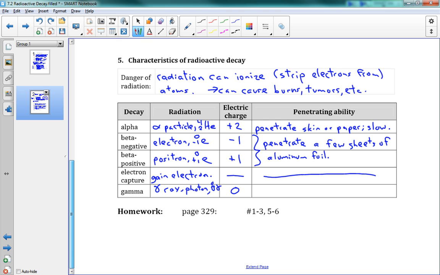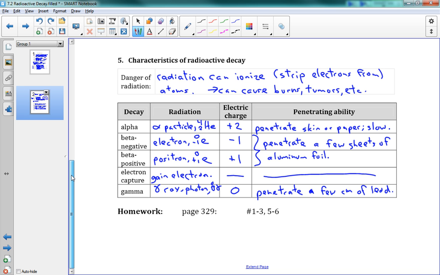The last one here, gamma. Well, gamma is the worst one. It doesn't have as much electric charge, so each individual bit doesn't do too much, but it can get a lot farther. This can penetrate a few centimeters of lead.